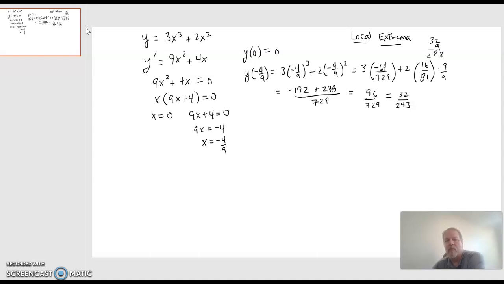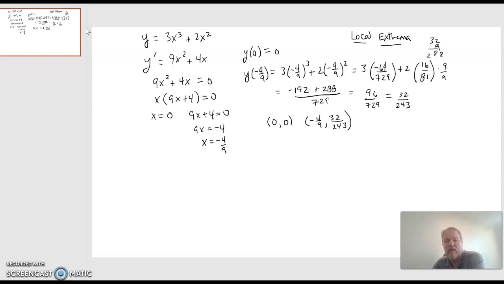All right. So at the point 0, 0, remember I put a 0 and I got a 0 out, and at the point negative 4/9, 32 over 243, these are candidates for local extrema.